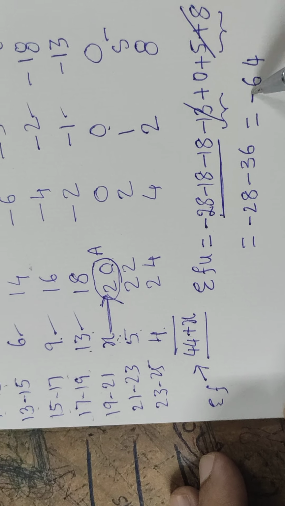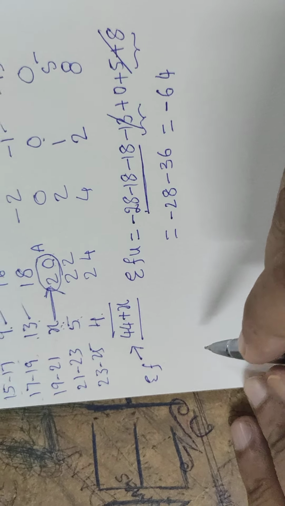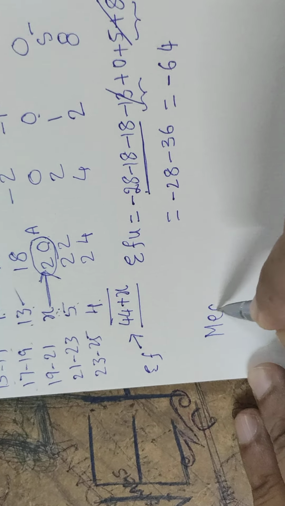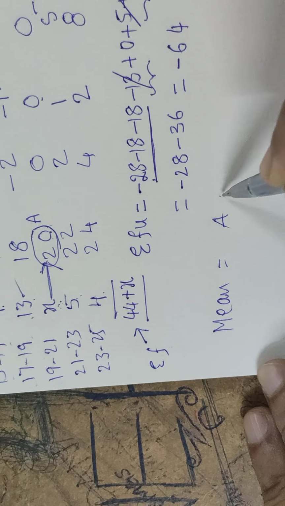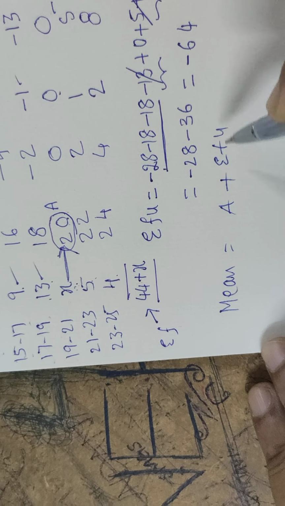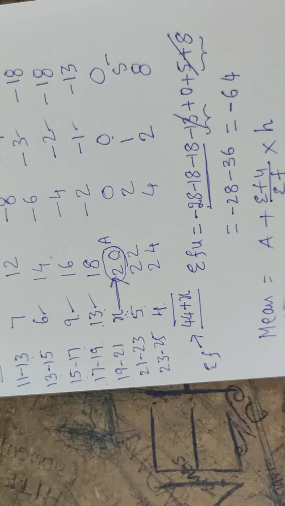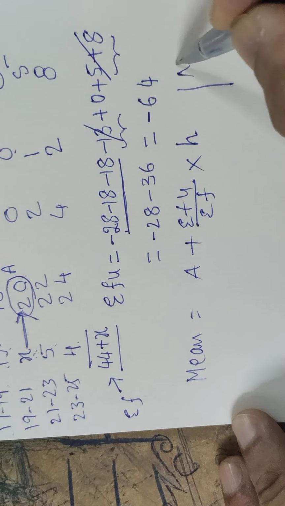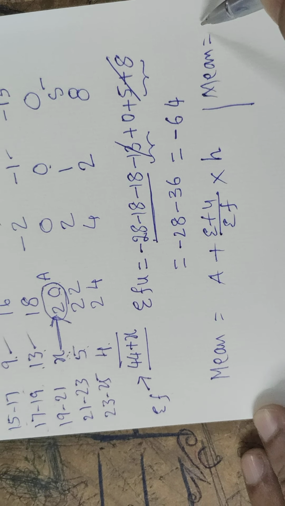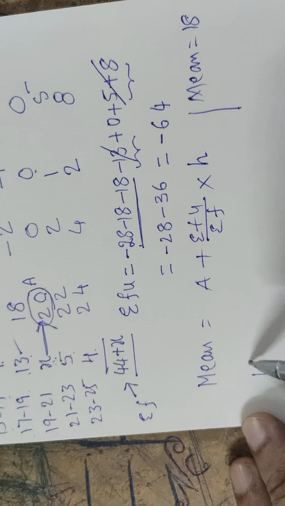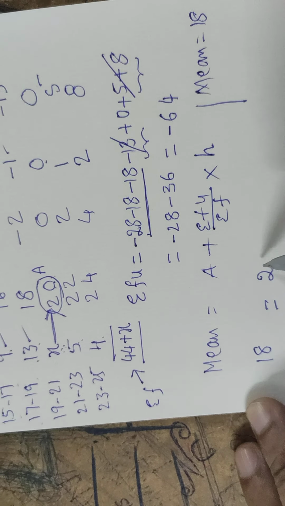Now I'll go for the formula: mean equals a plus sigma fu by sigma f into h. The mean is given here, 18. So you put 18. What is your assumed mean? 20.